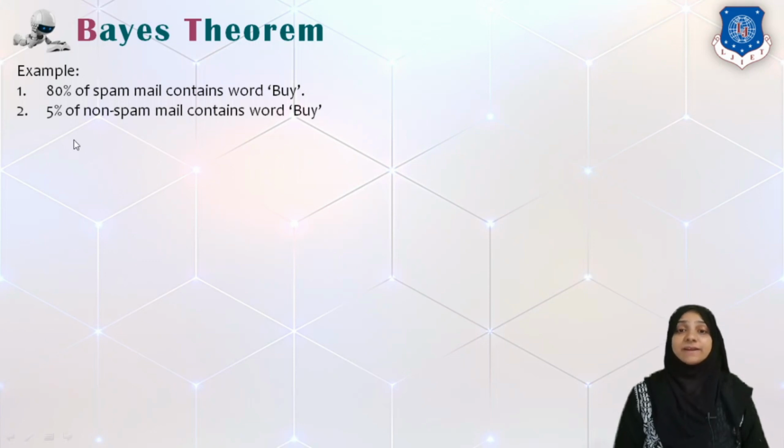Let us understand that we are given two different values. The first statement states that 80% of spam mail contains the word "buy". That is, of all the spam mails, 80% have the word "buy". And the second statement states that 5% of non-spam mails contain the word "buy".